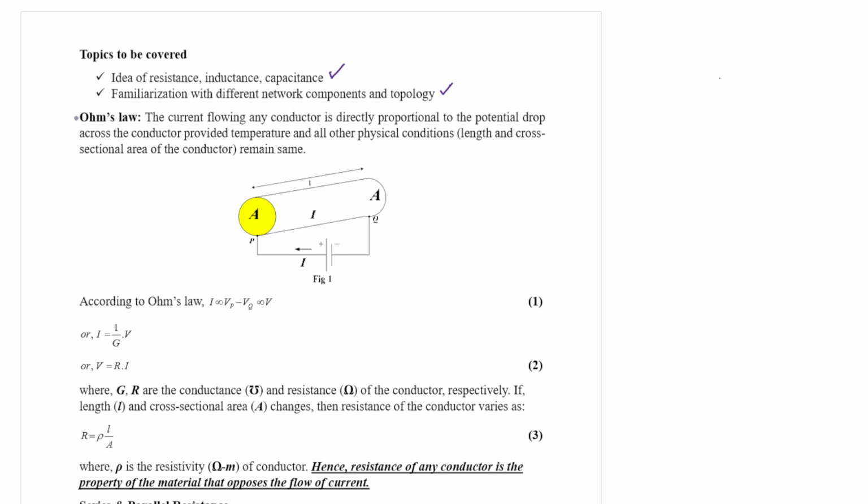So let us first see what is Ohm's law. This is very well known to all of you. Let us say we have a conductor like this.